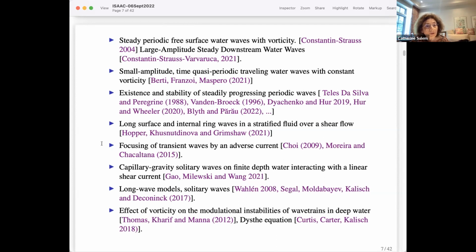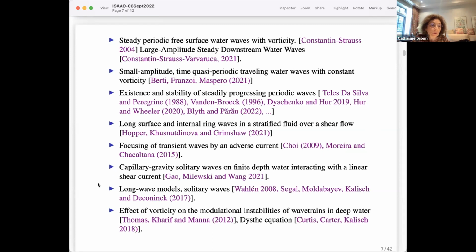Then there is also the situation where the problem is considered in a stratified fluid, with the work of Hur, Kozdedinova, and Grimshaw, and several other papers by Karima Khusnutdinova concerning interaction between internal and surface waves. This is a work about adverse current, leading to focusing of waves. Capillary waves are also under consideration.